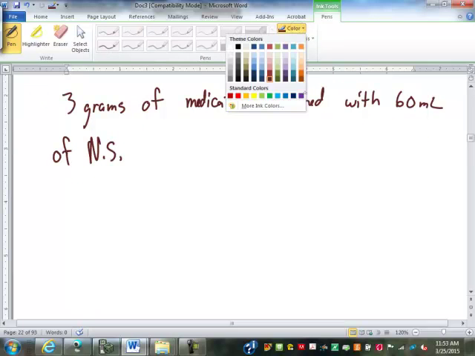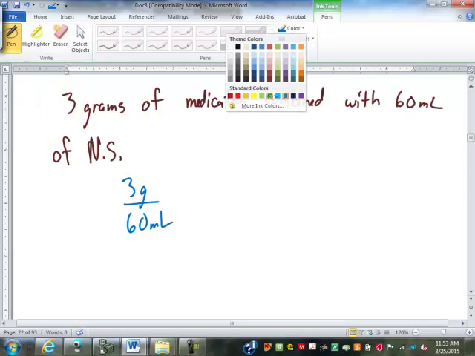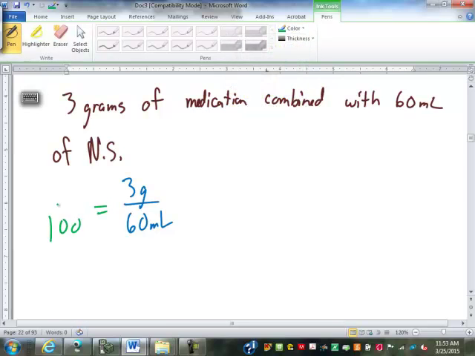We find our concentration here. This will be 3 grams over 60 milliliters. And of course, this will be blank over 100. We cross multiply and divide. We get 5. So this is a 5% solution.